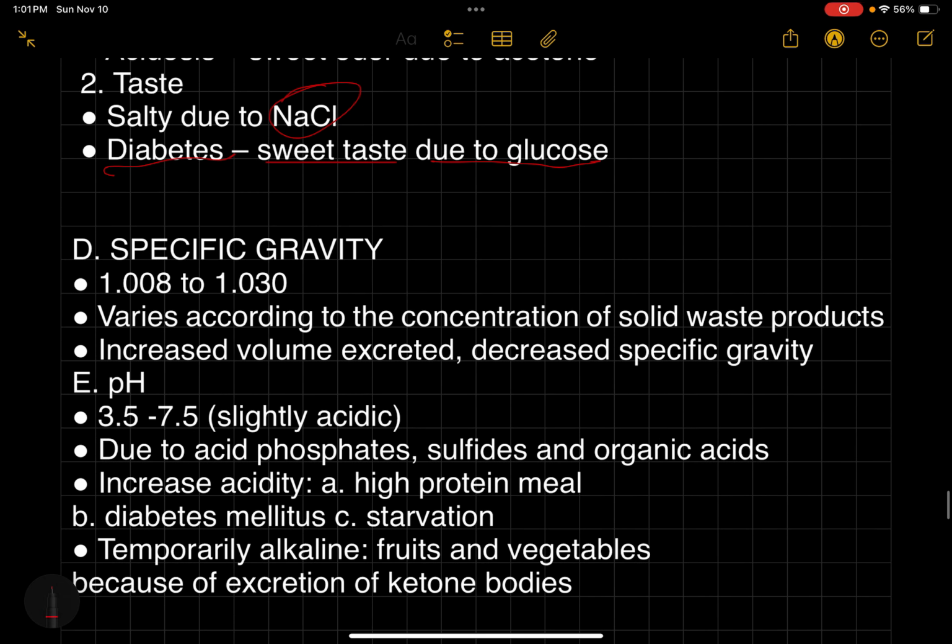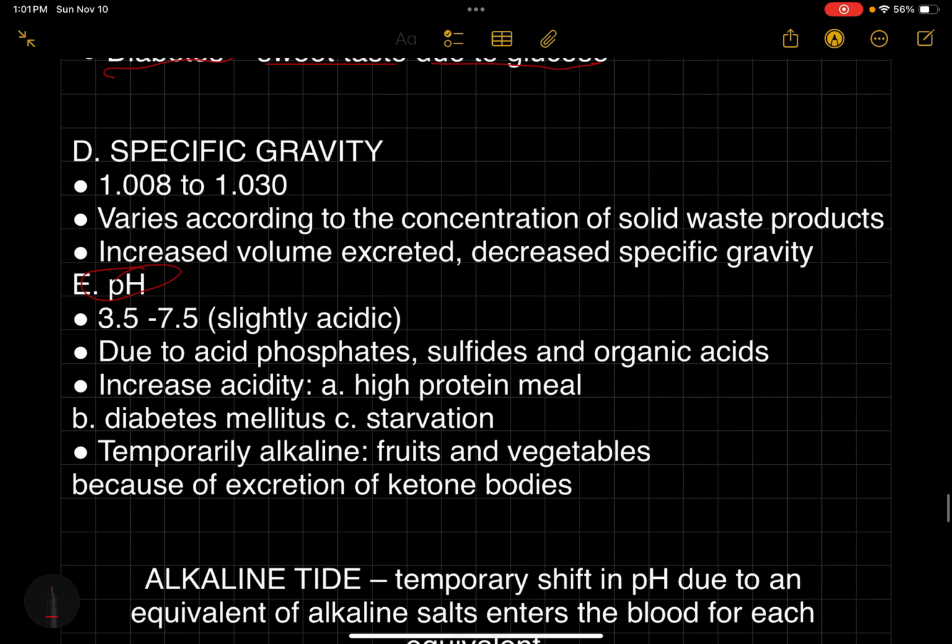We have specific gravity, 1.008 to 1.030, which varies according to the concentration of solid waste products. With increased volume excreted, specific gravity decreases. We have the pH, 3.5 to 7.5. It is slightly acidic.